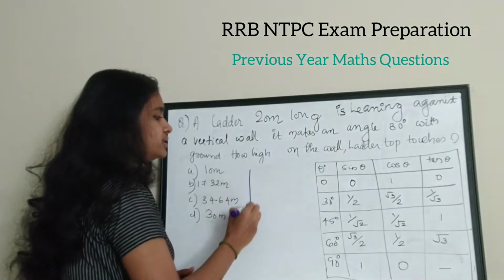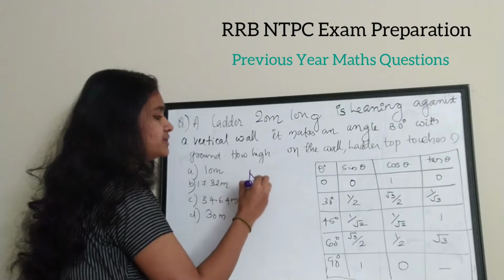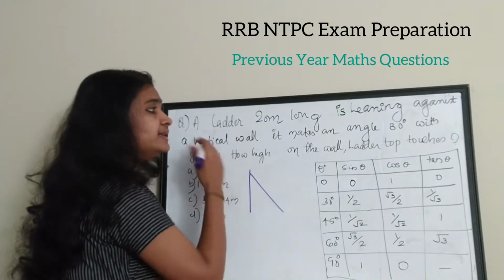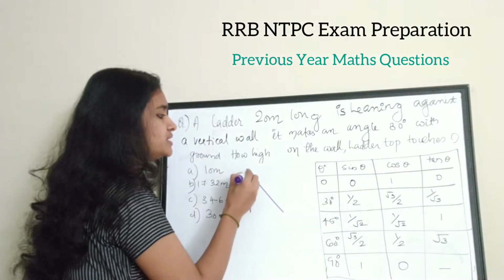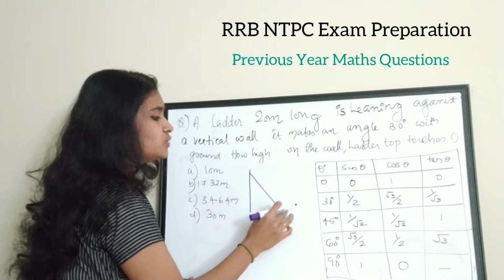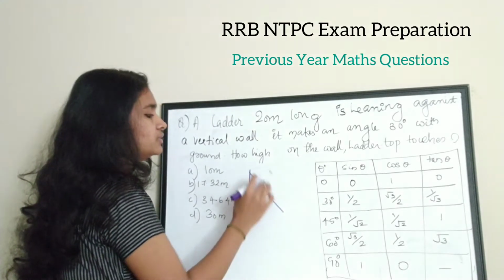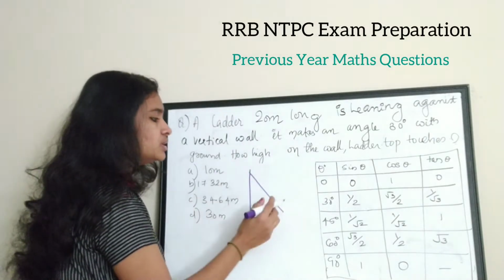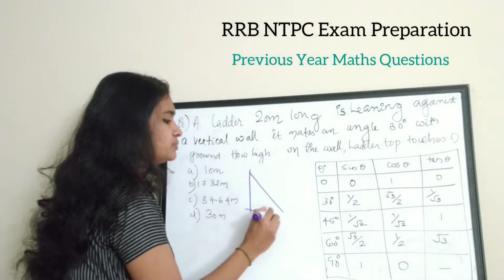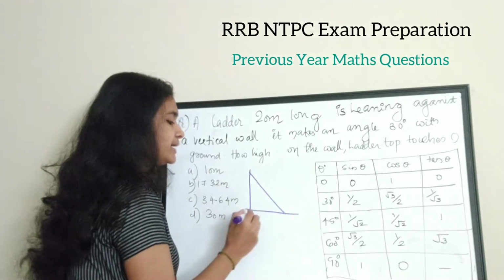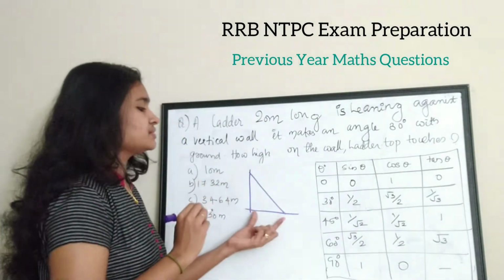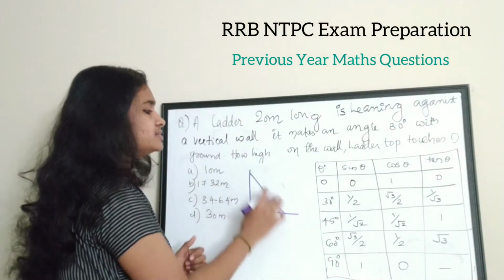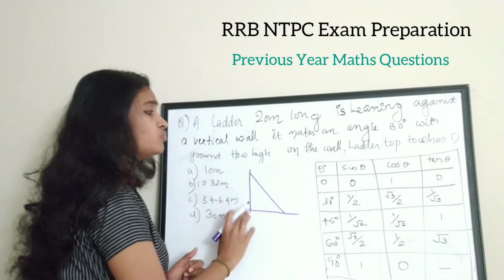There is a wall, right? And a ladder is leaning against the wall, which means we have to keep the ladder like this. In order to climb the ladder, we have to put the ladder in a slanting position against the wall, right? And there is a ground between the ladder and the wall. So this is the ground, this is the ladder, and this is the wall.